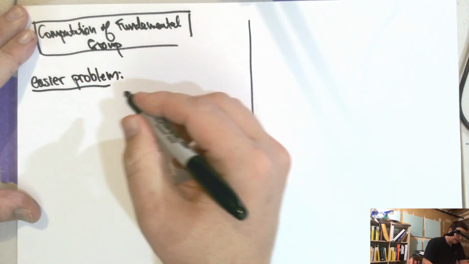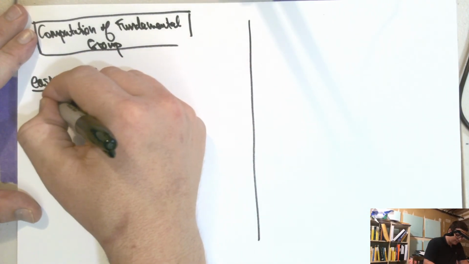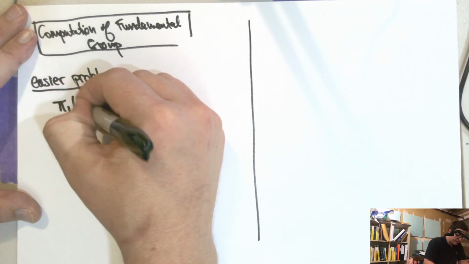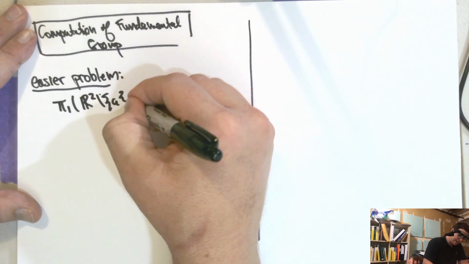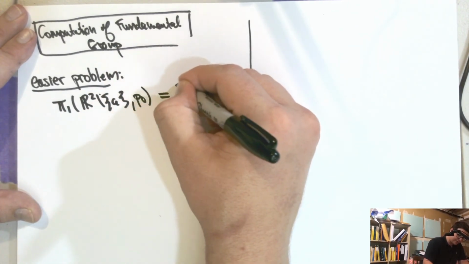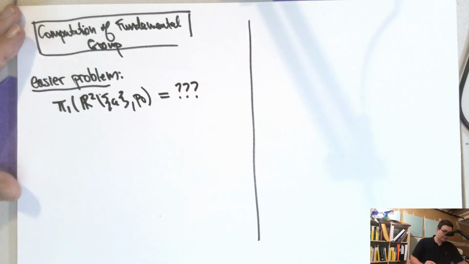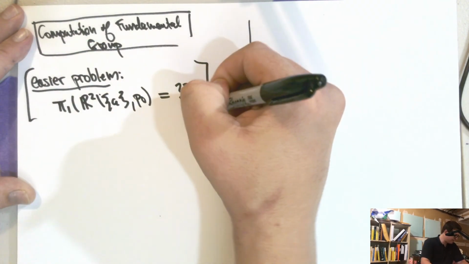The easier problem is pi 1 of R2 minus a single point A, based at P naught. So this is equal to what? This is the easier problem that we should handle.